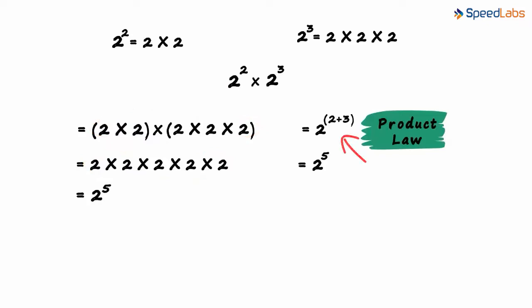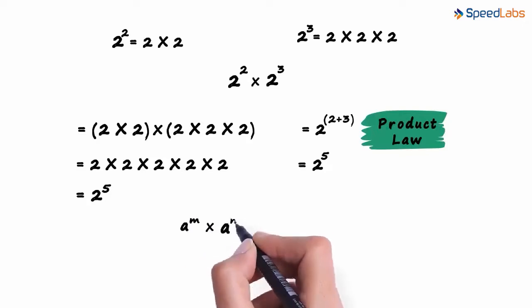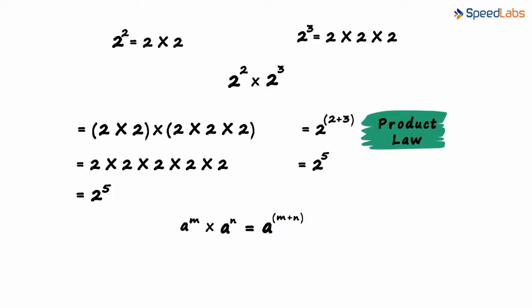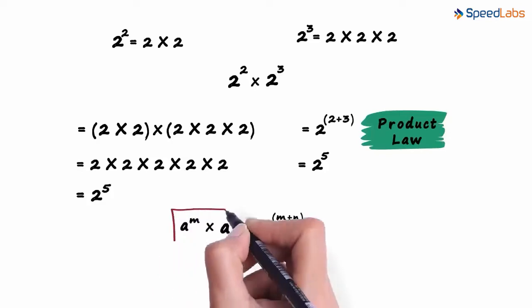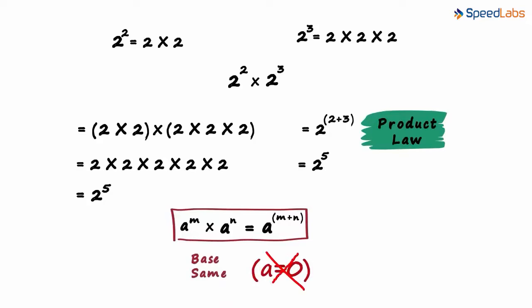Now let's try and reduce it to the general form with variables. So the product law says a raised to m multiplied by a raised to n gives us a raised to m plus n. Again, remember that this law holds true only if the base of both the numbers is the same. This law holds true in all cases, but may not hold true when the base is 0.